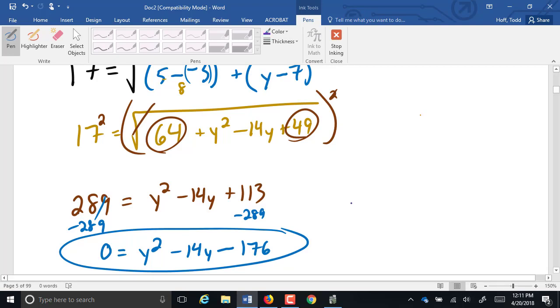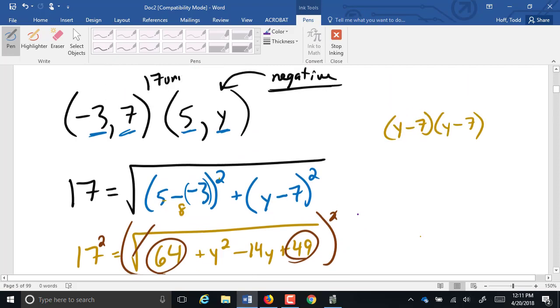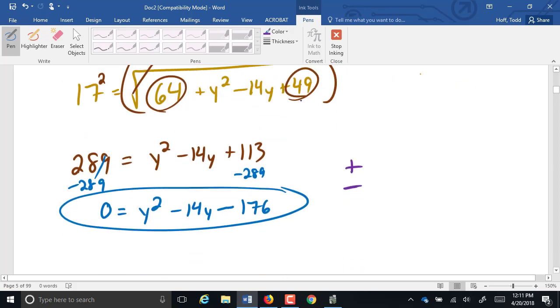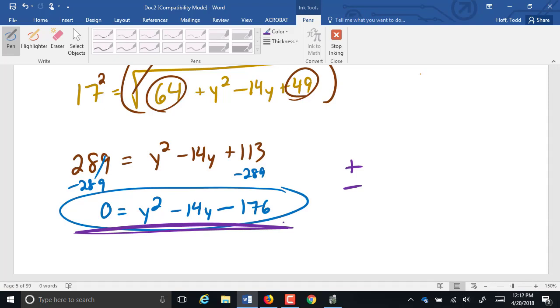In this case, it's going to have one positive answer and one negative answer. That's why up here I had to specify that that y coordinate is negative. Solving this quadratic is a problem we'll come back to next week. We'll look at factoring those quadratics, factoring those equations. We'll actually be looking at some shortcuts for graphing them, just like we did some shortcuts for graphing lines.